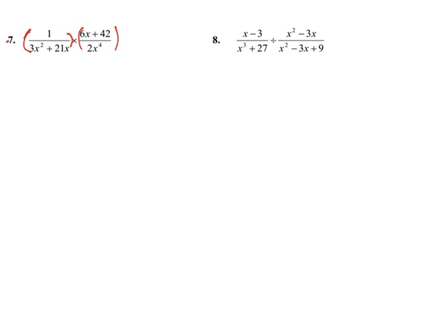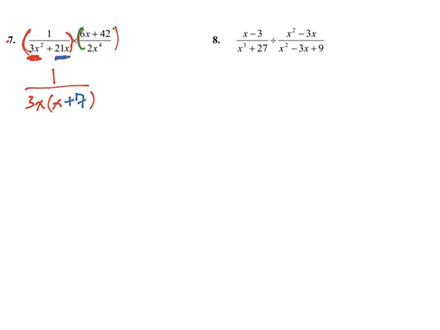So for this one first, for the denominator, 3x squared and then 21x. So 3, 21, the common factor is 3. x squared, x, so x. And then for this one, it becomes x. And for that one, we will take out 3x, so it remains positive 7.